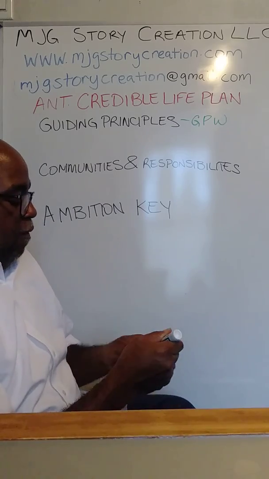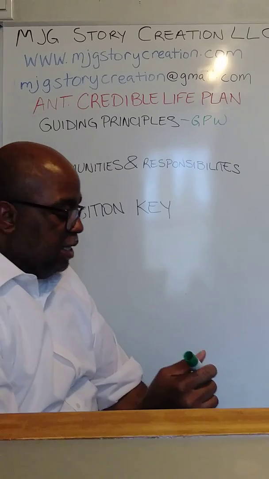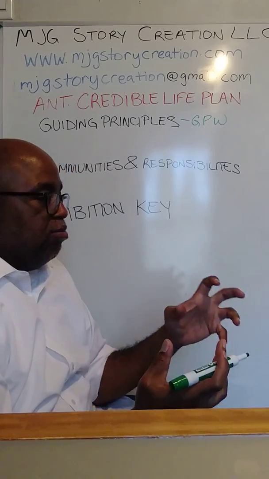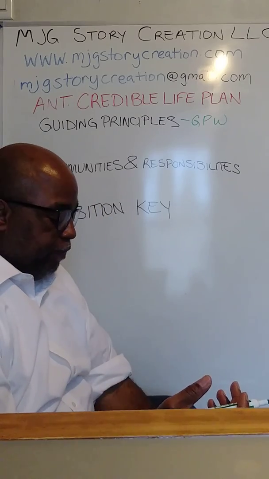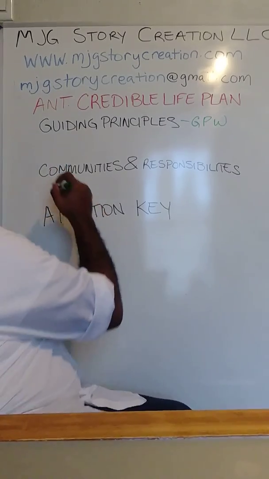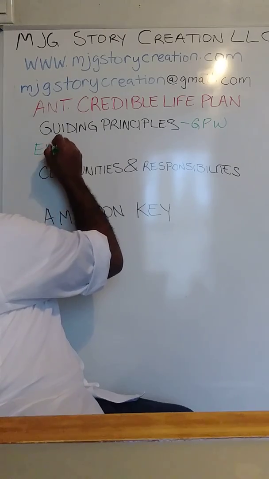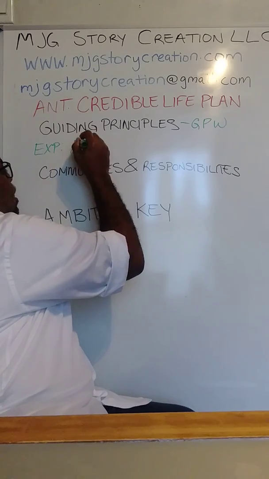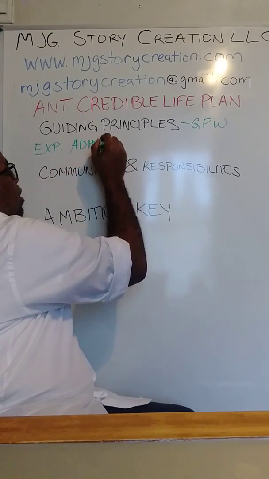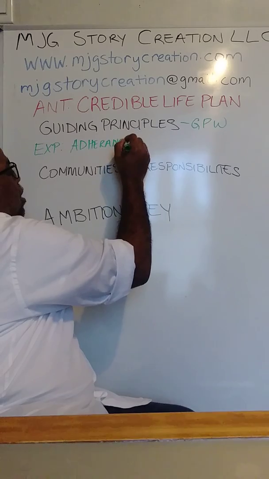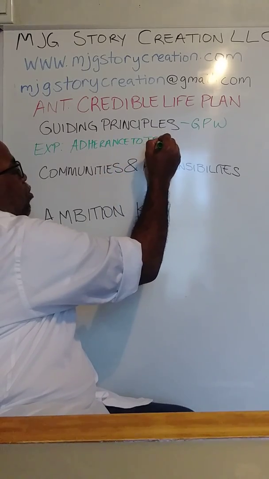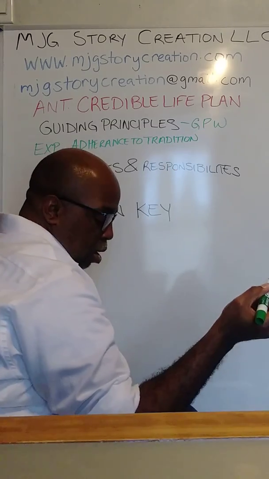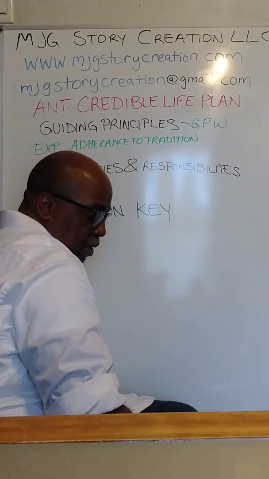The expectation for our antagonist is different because although it's centered on identity, she is more about tradition. So, expectation: her expectation is adherence to tradition protects the community.